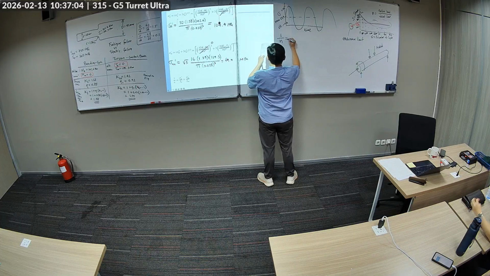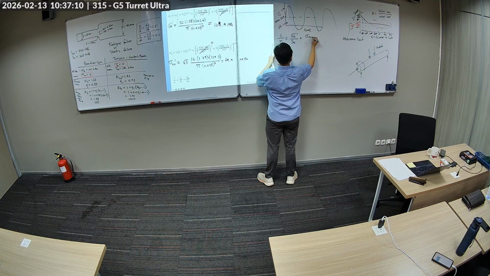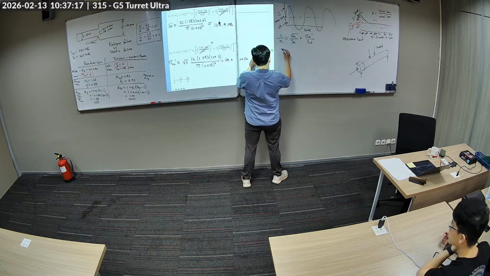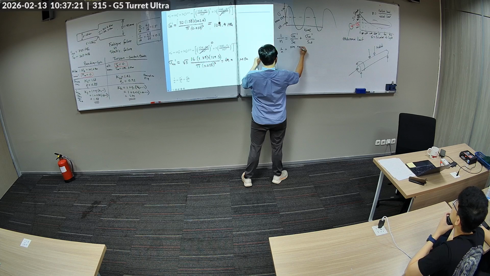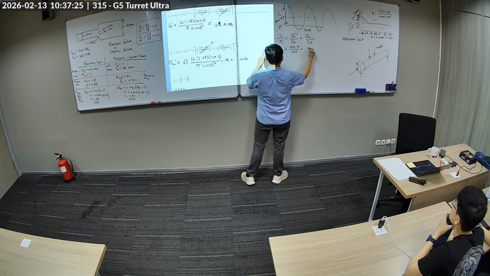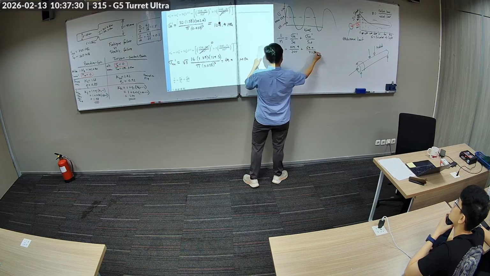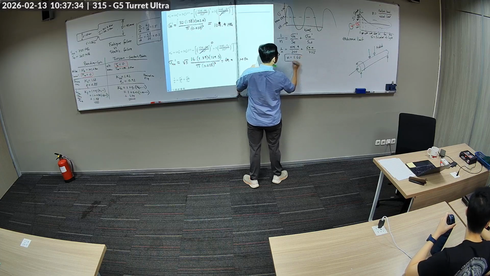So 1 over n is sigma a prime divided by Se plus mean divided by Sut. So 1 over n is 104, 205, so n is equal to 1.65.